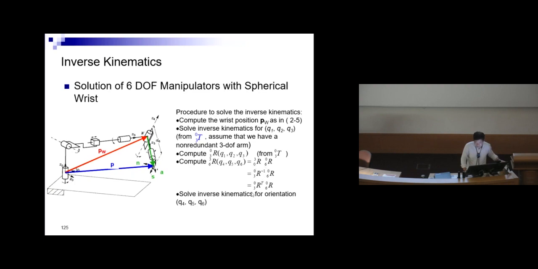The 0,3R inverse is your 0,3R transpose. So basically you don't need to do any modification from there. You don't actually need to find the inverse, you only need to do a transpose. So with that you solve the inverse kinematics for orientation Q4, Q5, and Q6.